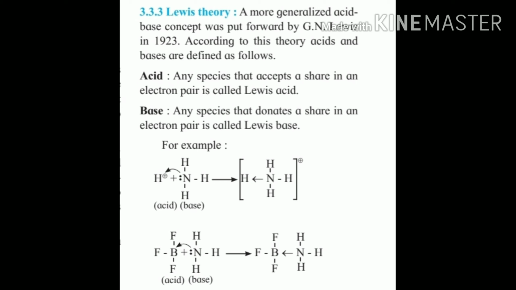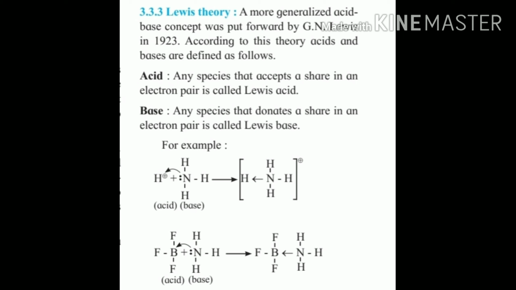So now how has Lewis defined acids? An acid is any species that is going to accept a share in an electron pair. So if it is accepting a share in an electron pair, it means it does not have enough electrons in its orbit, that is why it is accepting an electron pair. Now what are Lewis bases?